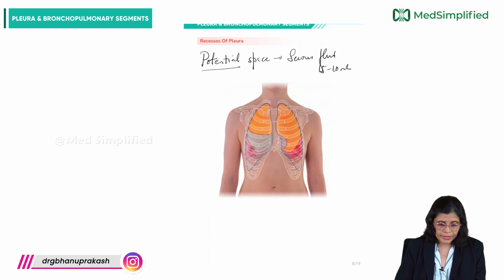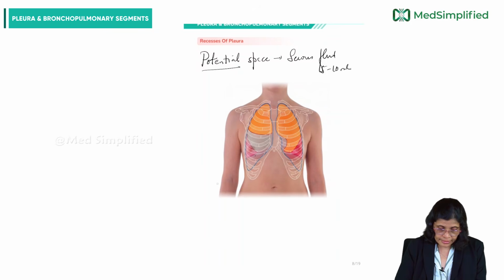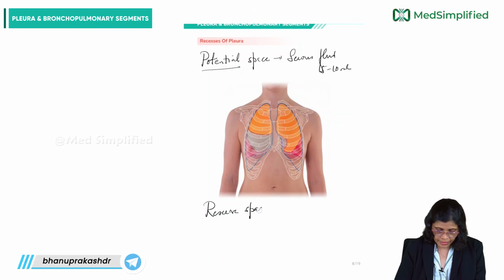Why do we have this? They are helpful for the expansion of the lung during deep inspiration. They form a reserve space for the expansion of the lung during inspiration.